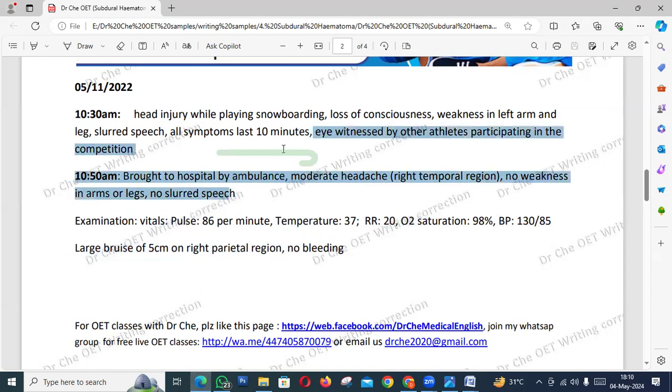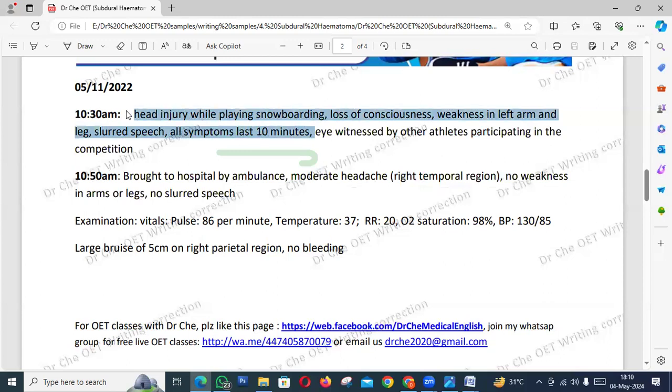Do you think you can skip loss of consciousness, weakness, slurred speech and the duration? Loss of consciousness is compulsory, I guess, sir. I think all of the information given here is important.